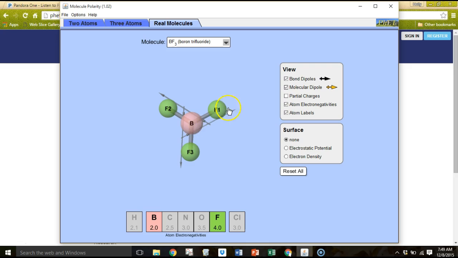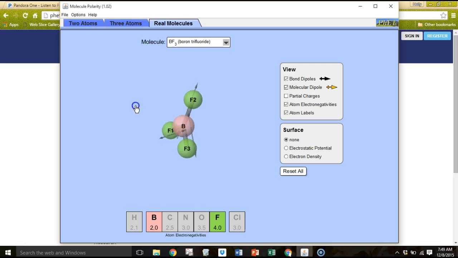If we add up all of the directions and the magnitudes of these arrows, because they're equally spaced out around the central atom in the same plane, their net effect is that they cancel each other out. Each of these F's would be the partially negative ends. There's no partially positive ends sticking out anywhere. If there's no oppositely charged ends, then we do not end up with a polar molecule. So this molecule, even though it contains polar bonds, is nonpolar.